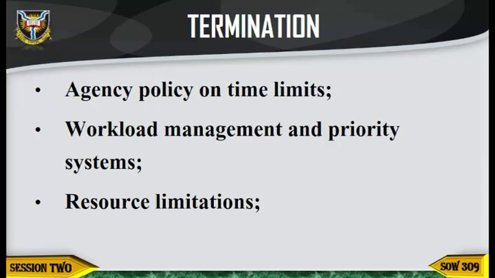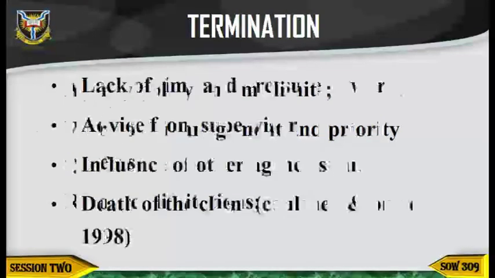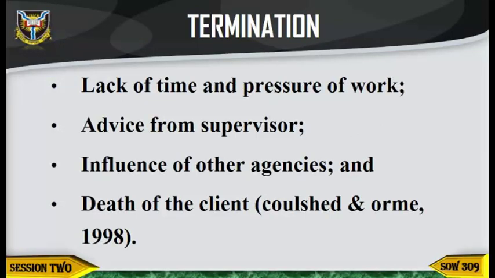Agency policy on time limits. 6. Workload management and priority systems. 7. Resource limitations. 8. Lack of time and pressure of work. 9. Advice from supervisor. 10. Influence of other agencies. And 11. Death of the client. Koshed and Om, 1998.